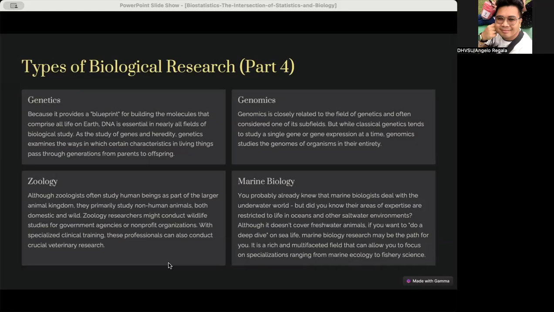Marine biological research may be the path for you. It's a multifaceted field that would allow you to focus on a specific specialization ranging from marine ecology to fishery and many more.